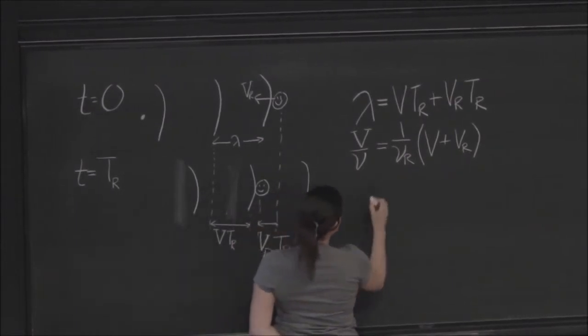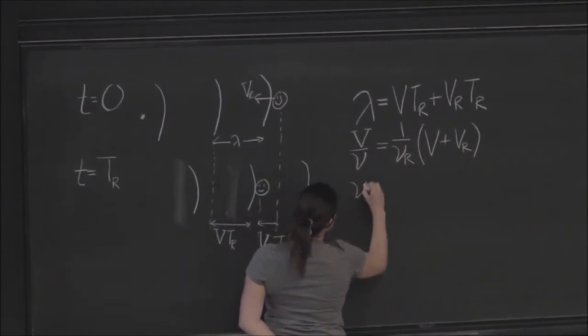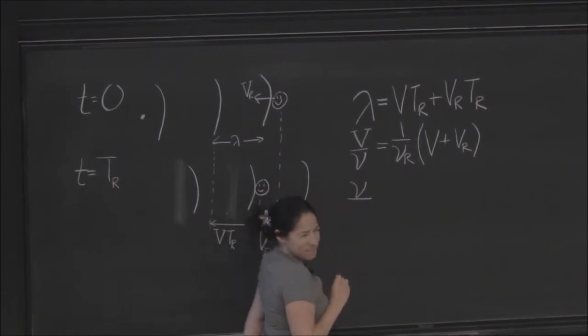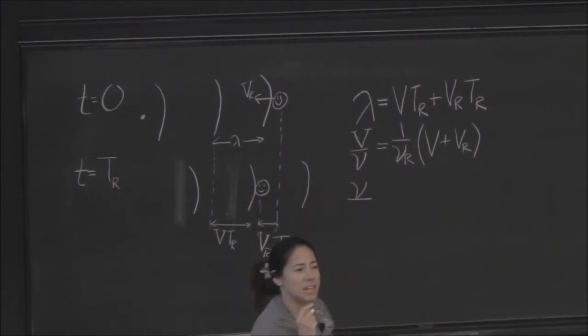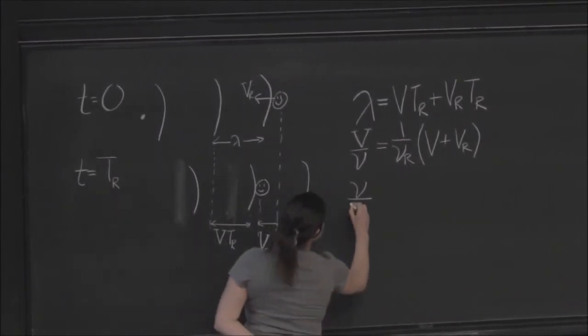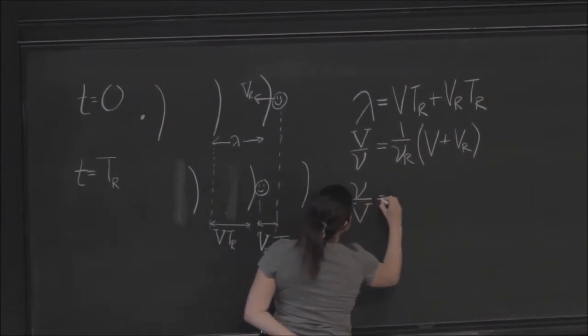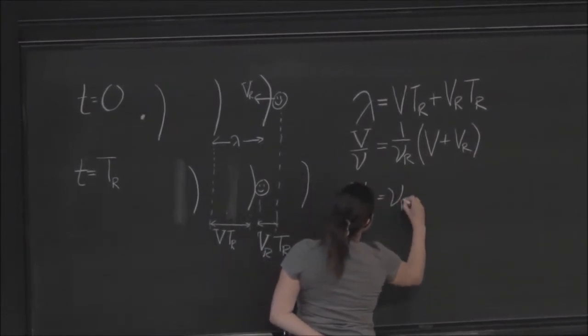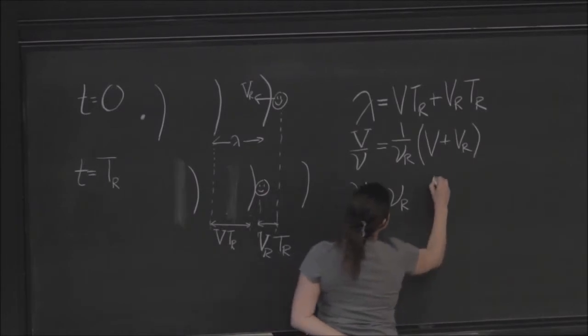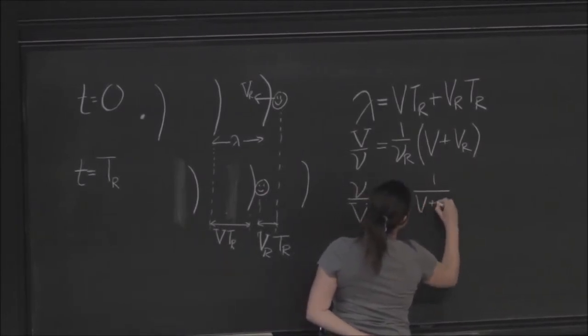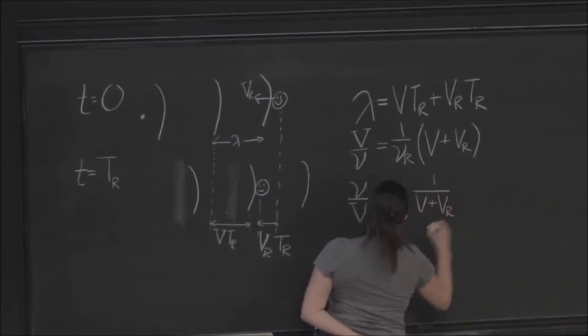So let's invert both of these. We have nu over v is nu, the frequency that's received, times 1 over v plus vr.